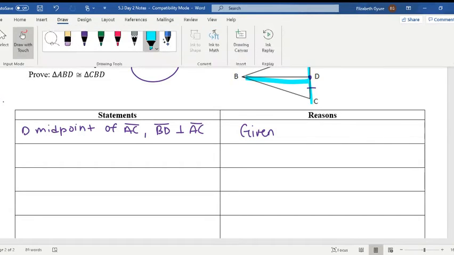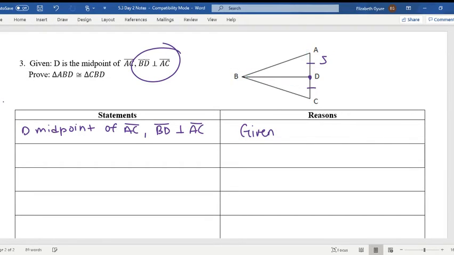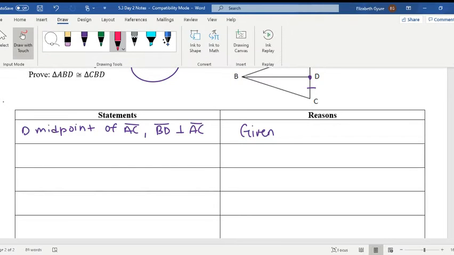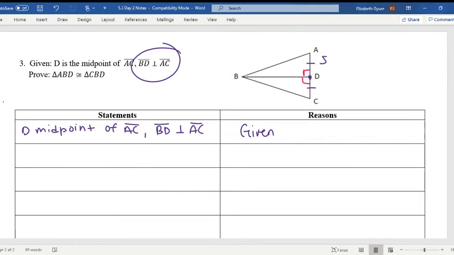Now, if this is a right angle and that's a right angle, aren't those both 90-degree angles then? So those would technically be congruent angles, and we could say that those 2 angles are congruent. Or maybe it's leading us in the direction of hypotenuse leg, right? One of those 2 things is maybe an option.